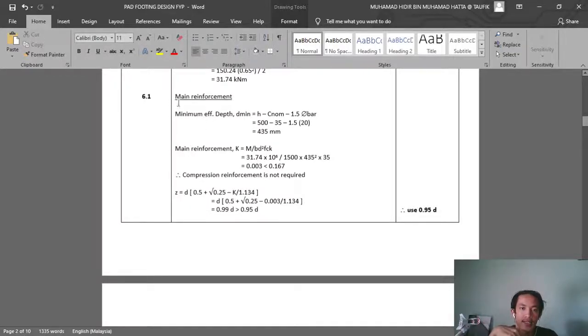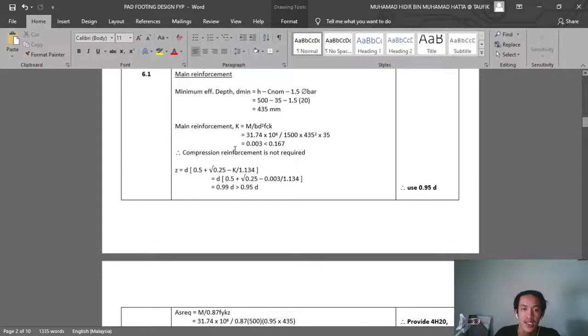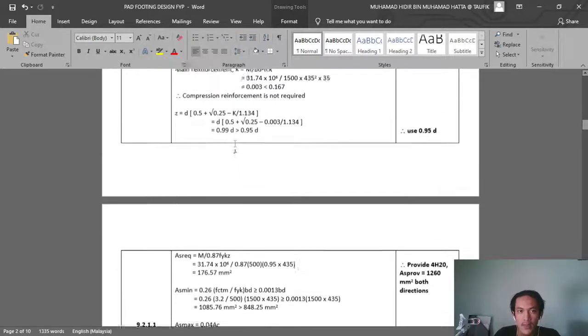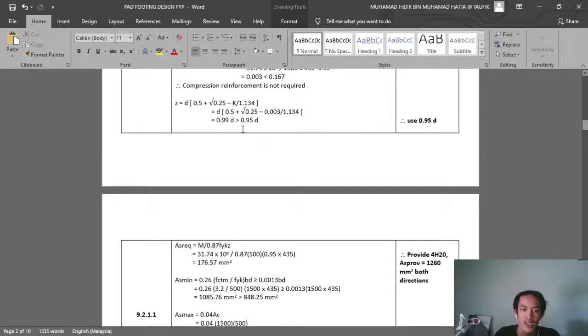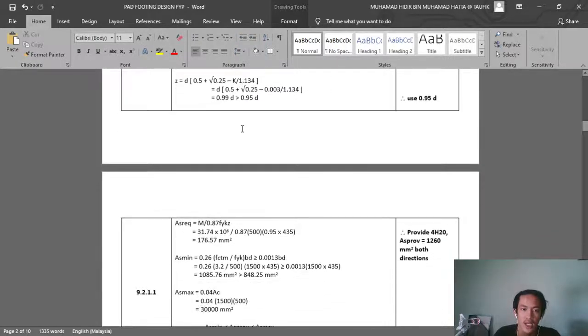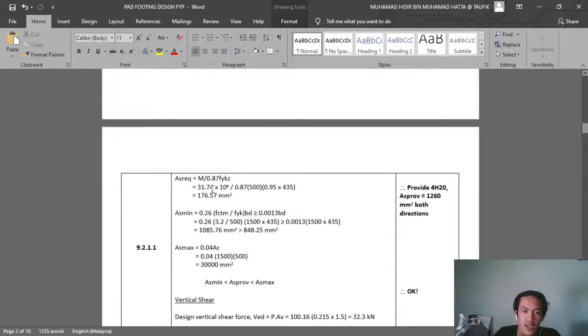And then for the main reinforcement, we need to calculate the D effective depth, which is 45, and then we need to calculate the K. Okay, the value is lesser than K balance, so compression reinforcement is not required. And then we calculate the Z, and then we can calculate the S required.